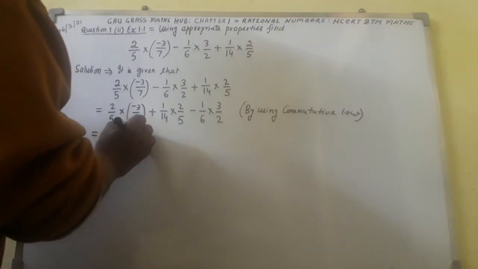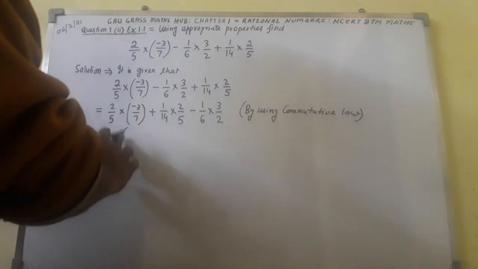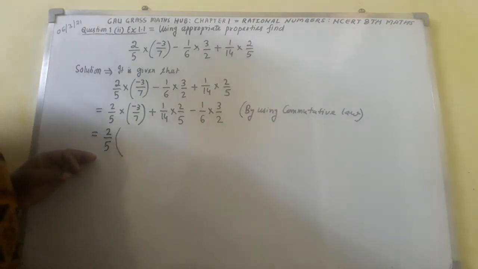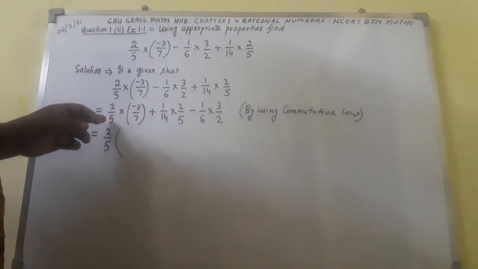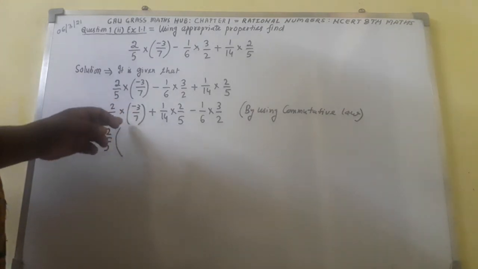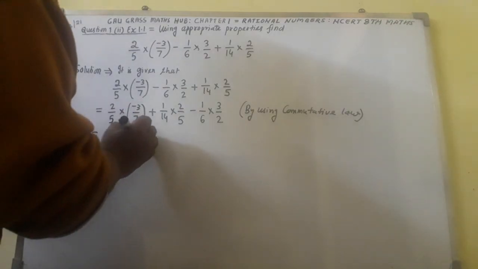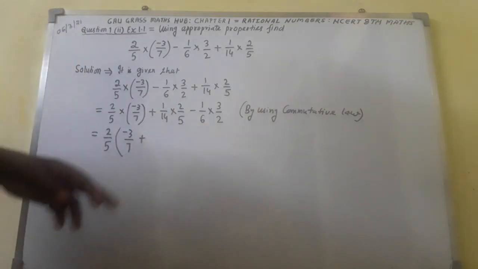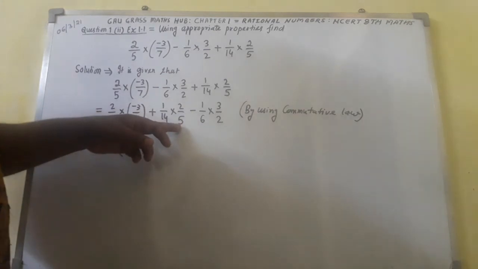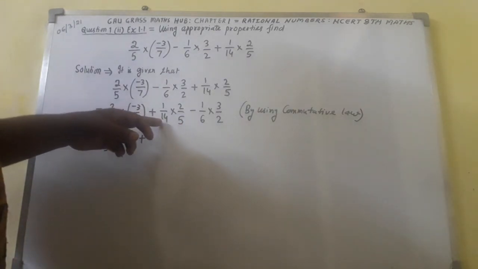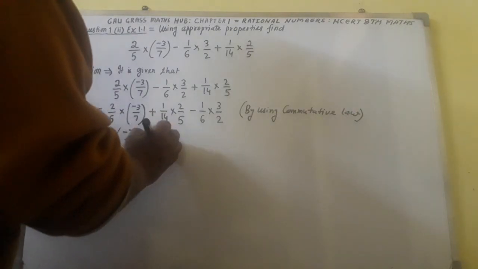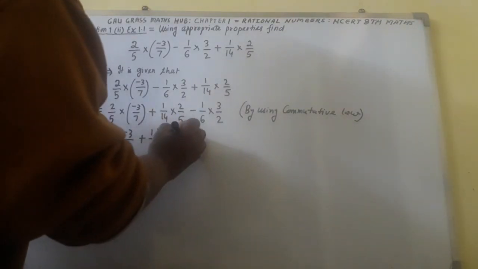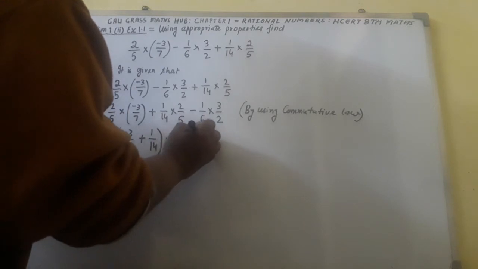In the bracket, from the first term you will get minus 3 over 7, plus sign here, and from the second term we will get only 1 over 14, bracket close, minus 1 over 6 into 3 over 2.